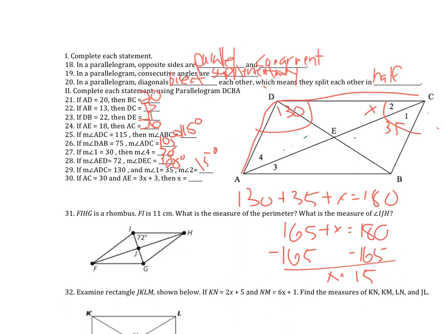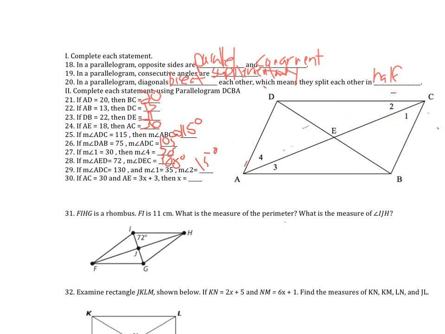And last one. So if AC, which is the whole length, is 30, and AE is 3x plus 3, we want to solve for x. What is the measure of AE? Yeah, AC is 30.